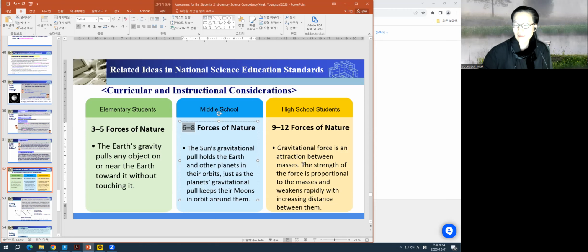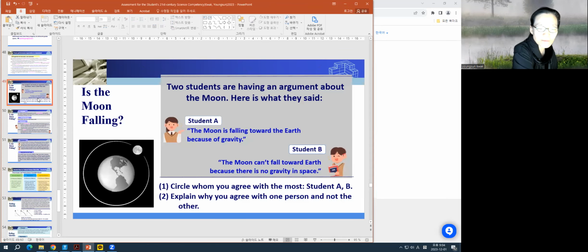Sometimes you can talk about Kepler's laws at the high school level. But this question is about middle school level, so you should not talk about other than the qualitative aspect of gravity.